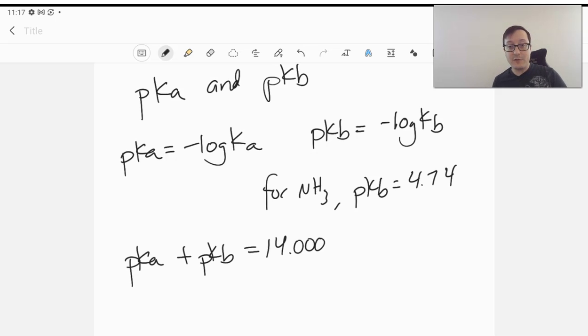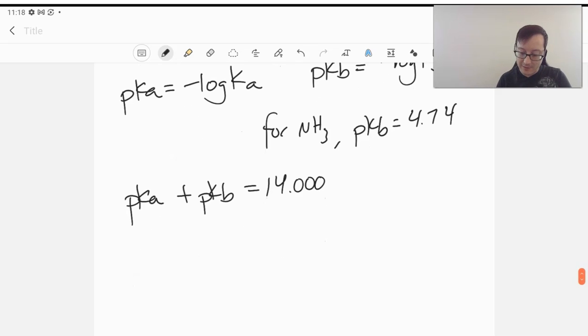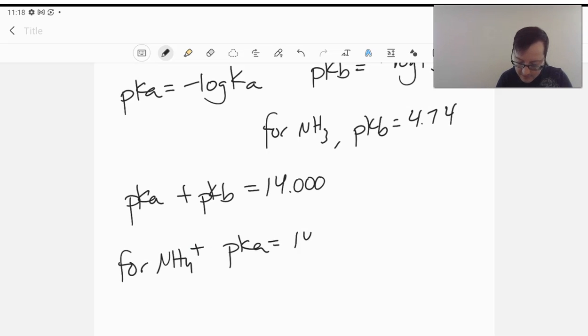And so we can figure out for ammonium, the pKa would be 9.26. I'm just doing that math in my head, but we can do that here. For ammonium, the pKa is 14 minus 4.74, which is 9.26.